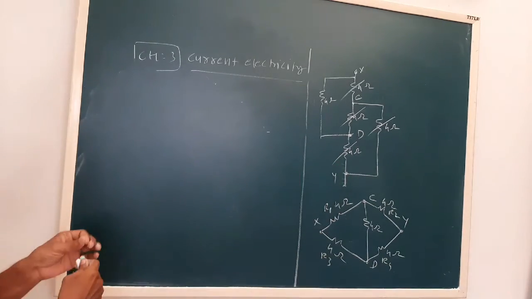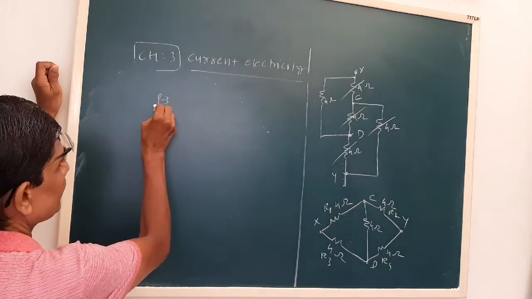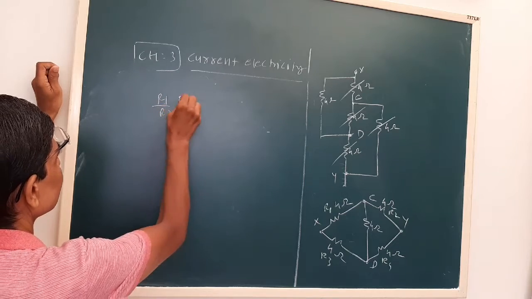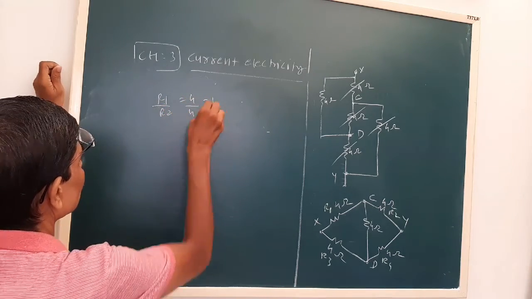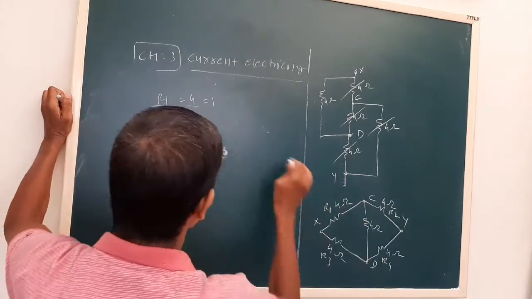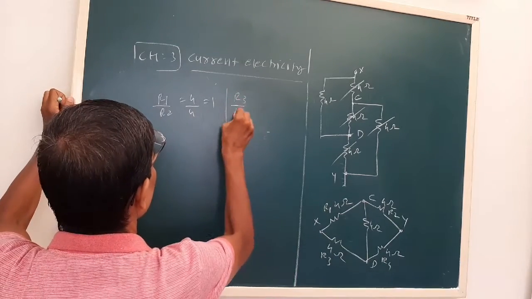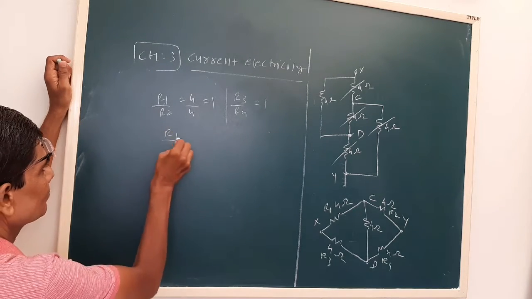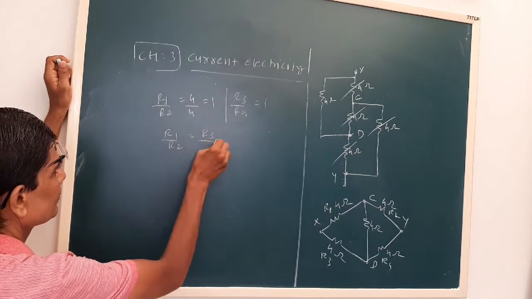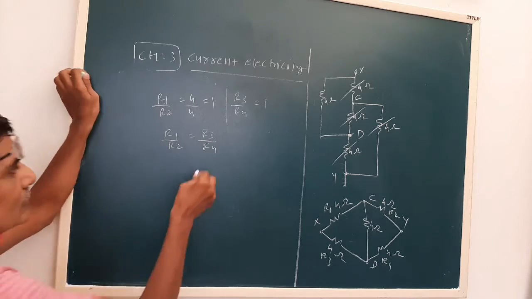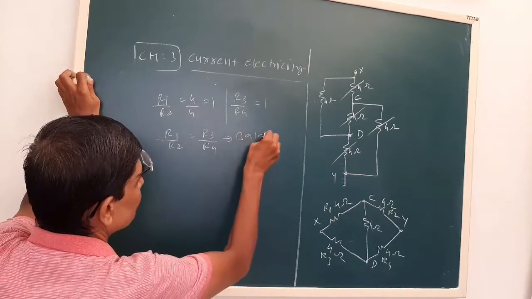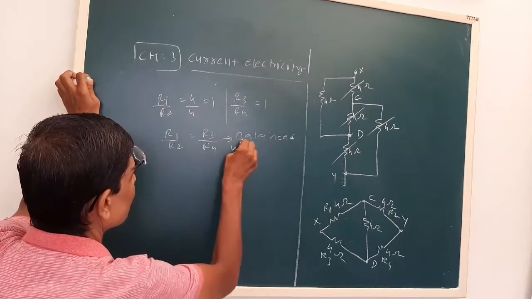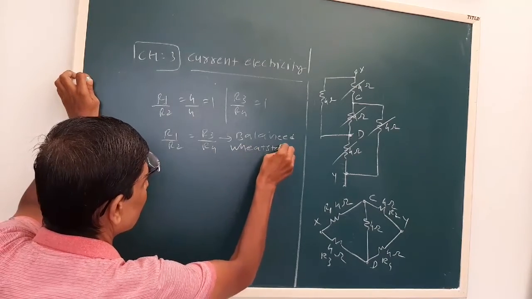So what we see here, R1 upon R2, similarly R3 upon R4. R1 upon R2 equal to R3 upon R4 is the condition of a balanced Wheatstone bridge.